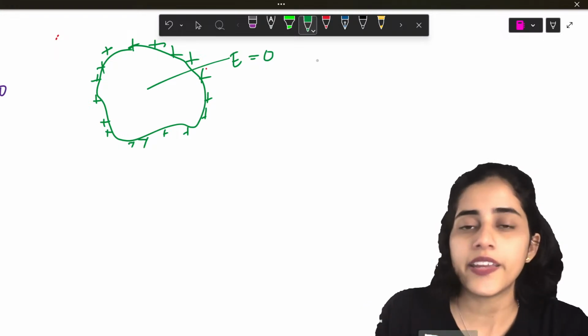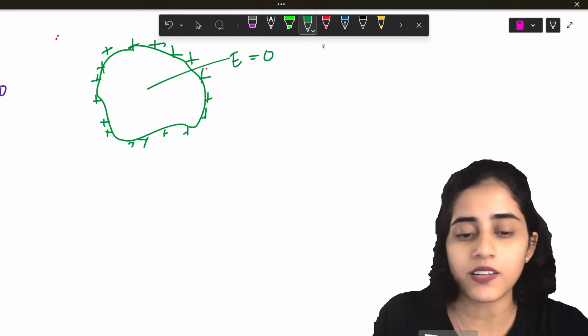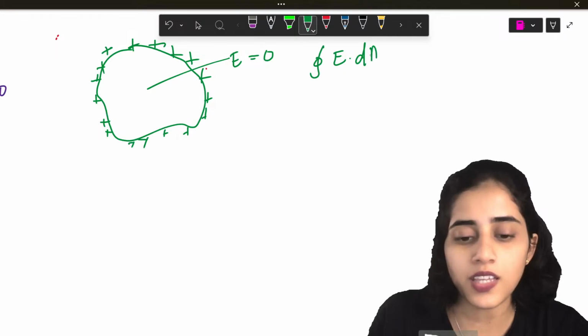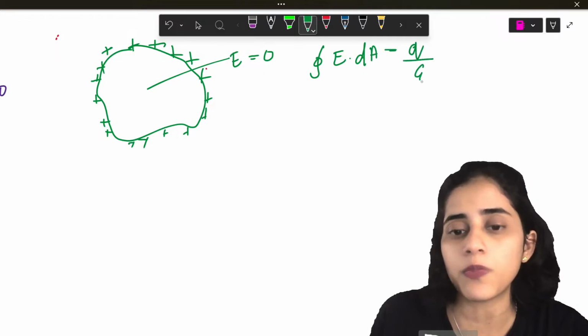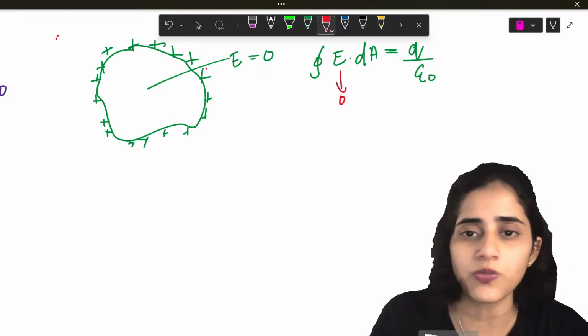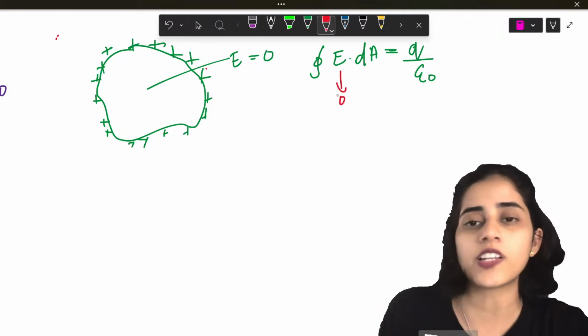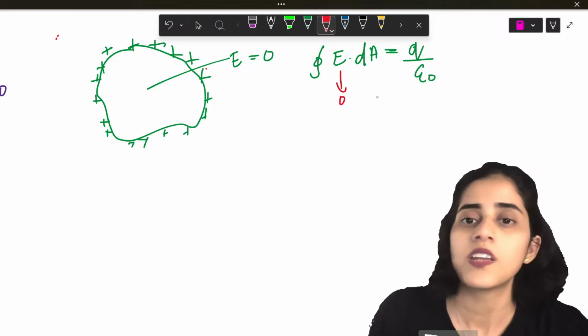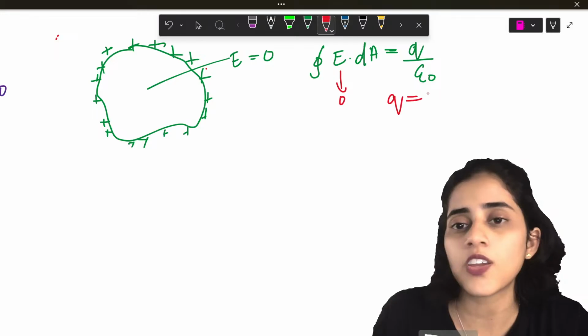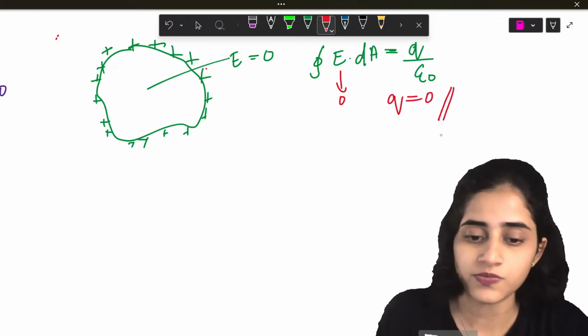Now, let's apply the law that we've already learned. The closed integral of E dot dA is equal to Q by epsilon naught. From this, we know that the electric field is zero. So if the electric field is zero, 0 dot dA is zero. So Q by epsilon naught should also be 0. Shouldn't Q be equal to 0?